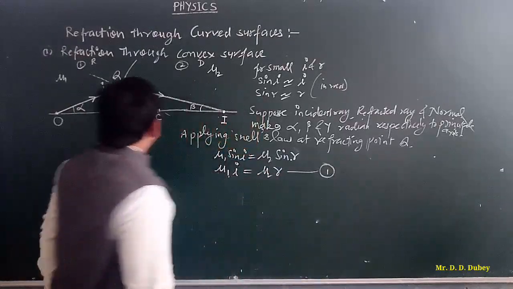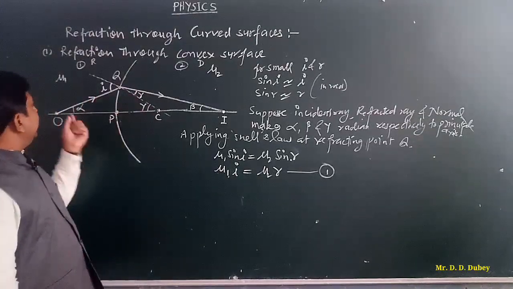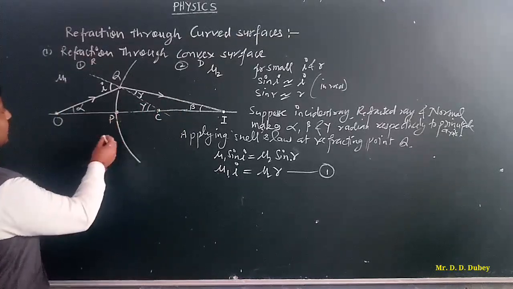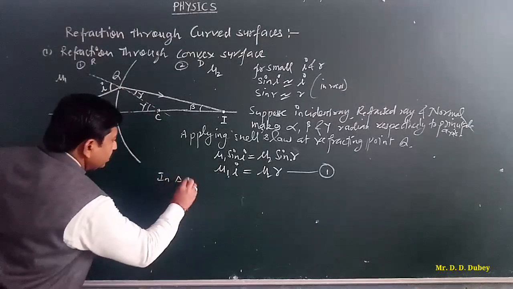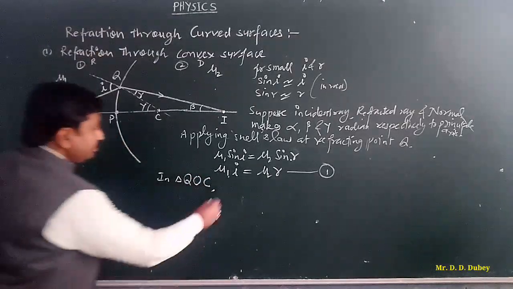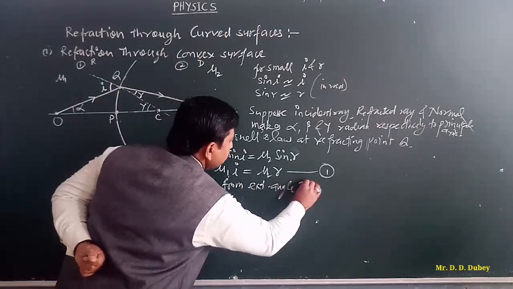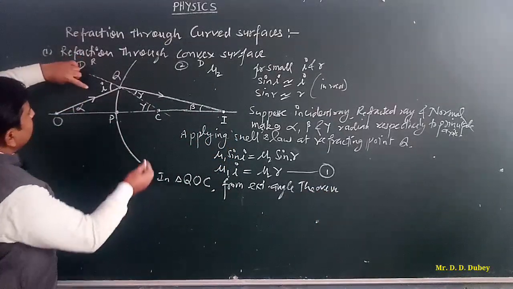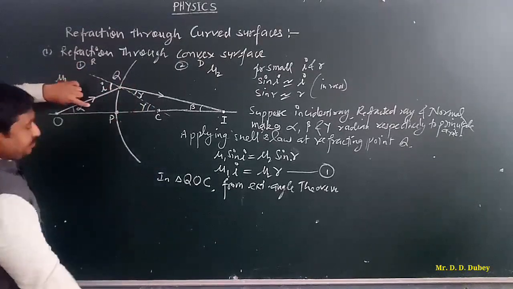This equation is 1. Now let us find the values of I and R in terms of alpha, beta and gamma. In triangle QOC, applying the exterior angle theorem, we find that angle I is equal to alpha plus gamma.